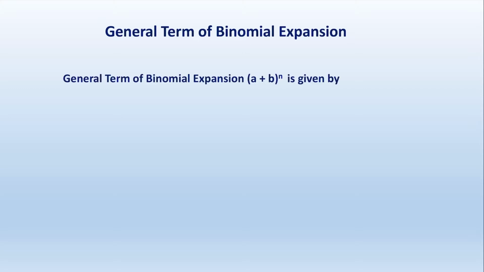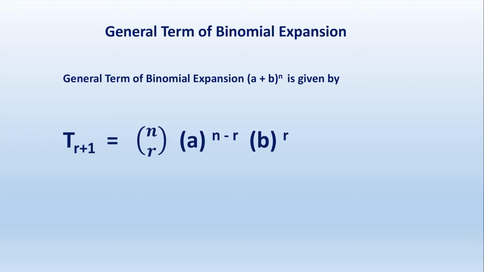The general term for the binomial expansion (a + b)^n is given by term r + 1 equals nCr multiplied by a to the power of n minus r and b to the power of r, where n refers to the power of the term in the binomial expansion, a refers to the first term in the binomial expansion, and b the second term in the binomial expansion.